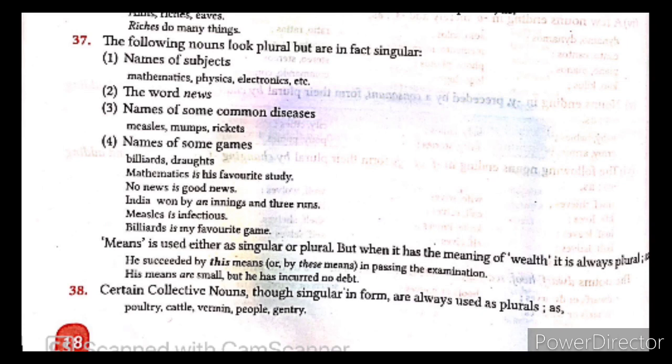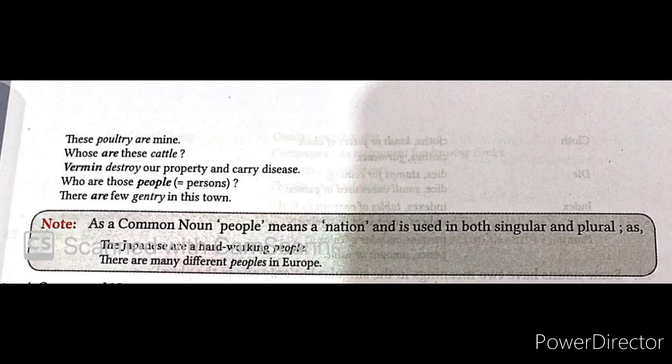These nouns are always more than one. They are formed like a singular noun, but are always used as plurals. Understood? Like if I say people, it means more than one person. Clear?